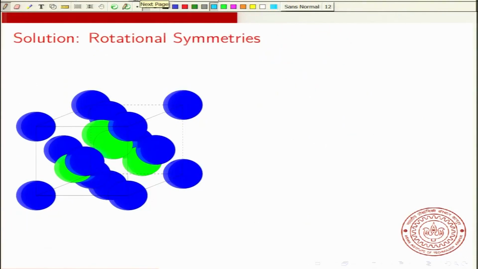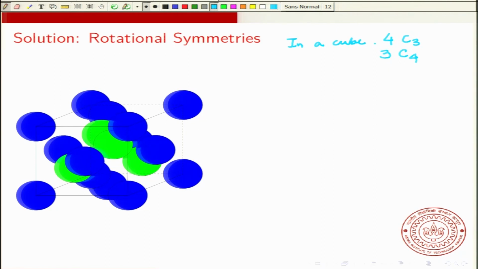Let us look at the rotational symmetry elements, and this will turn out to be highly non-trivial. Now, we had seen that a cube was characterized by 4 C3 axes and 3 C4 axes.